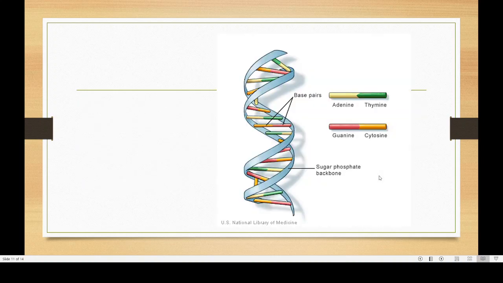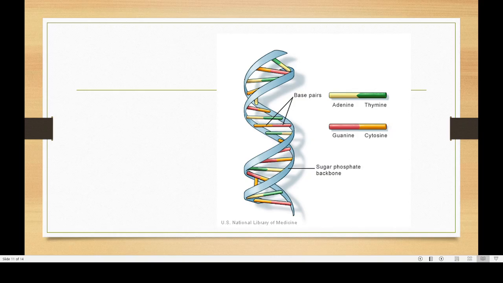Whereas if you look at this picture, it is adenine, thymine, guanine and cytosine. So in the case of DNA we are finding thymine as a nitrogen base. But in an RNA thymine is not present. Instead of thymine we can find uracil. That is the only major difference between RNA as well as DNA.